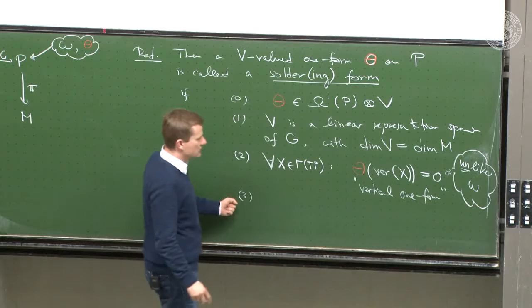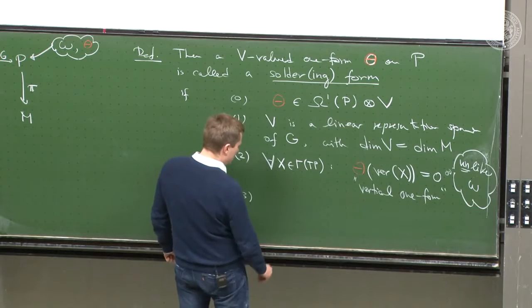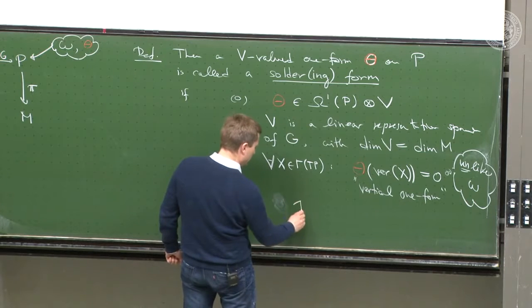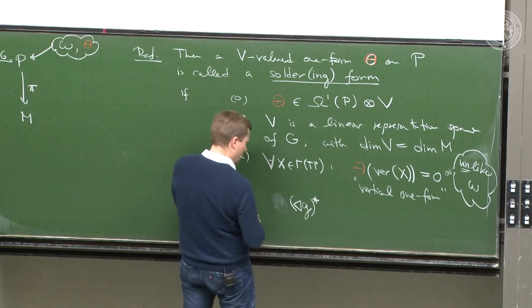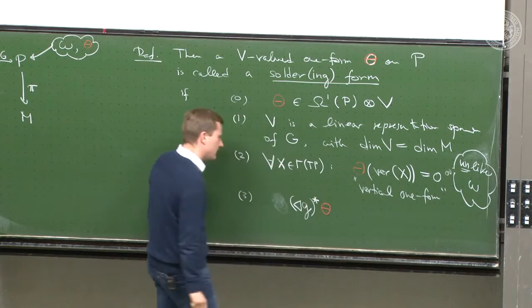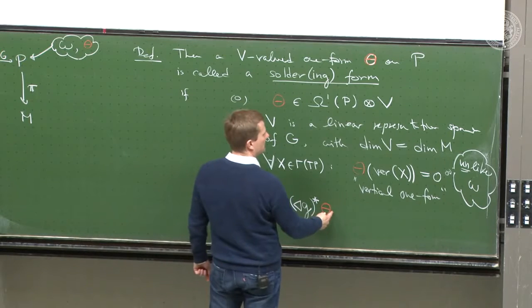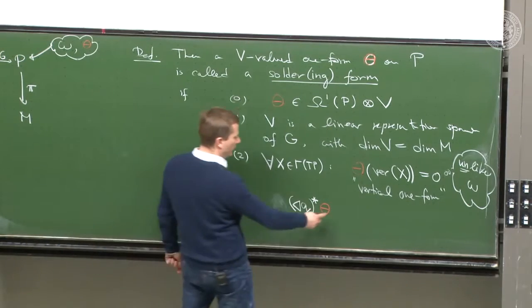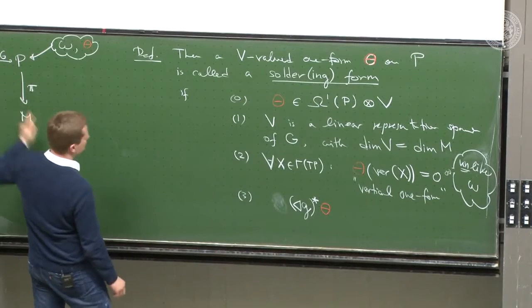Now the third condition is like the connection one form omega, namely that if we consider the pullback of our soldering form theta, then the result will of course be again a one form on the bundle, because you see this goes from the bundle to the bundle.